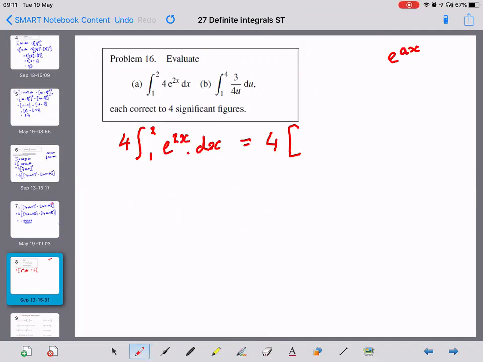Anybody? Is it not a e to the ax? You got your table of integrals handy?